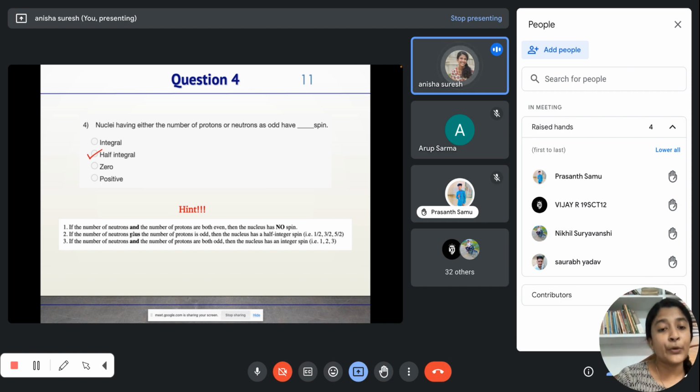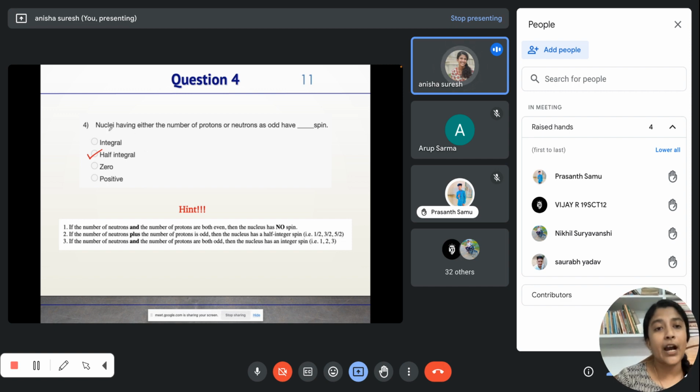If the number of neutrons plus the number of protons is odd, then the nucleus has a half integer spin, like 1/2, 3/2, 5/2, etc. If the number of neutrons and the number of protons are both odd, the nucleus has an integer spin, that is 1, 2, 3, etc.